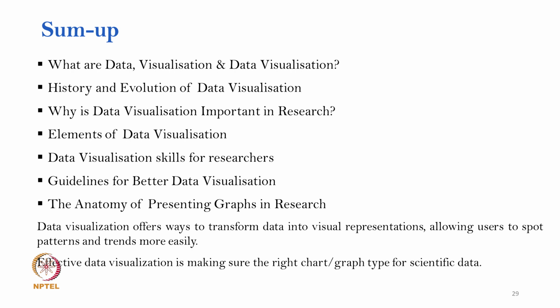To sum up this session, what we have covered is what is meant by data visualization, right from what is meant by data, what is meant by visualization, and data visualization.